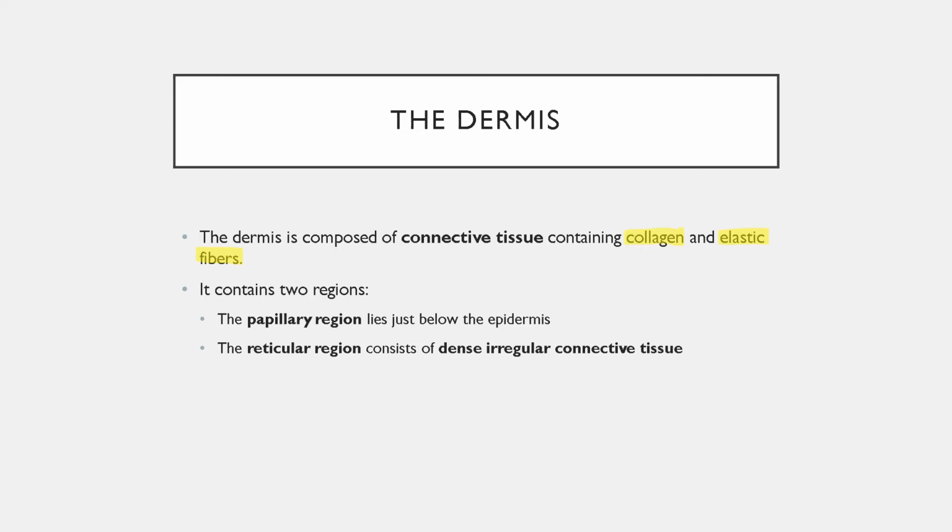A few cells in the dermis: the main cell in the dermis are going to be fibroblasts. There's going to be some macrophages and a few adipocytes.